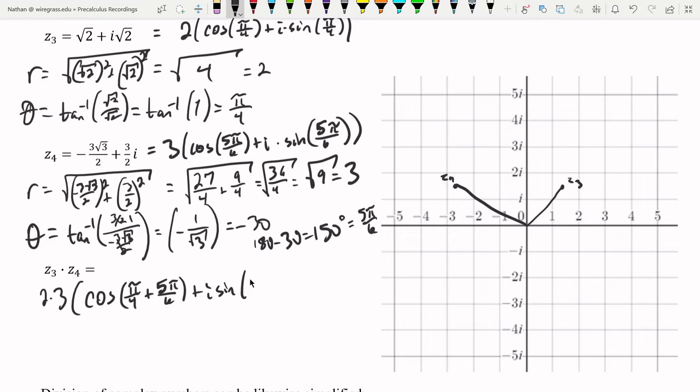Plus i sine of pi over 4 plus 5 pi over 6. That's going to give us 6 cosine of 3 pi over 12 plus 10 pi over 12.